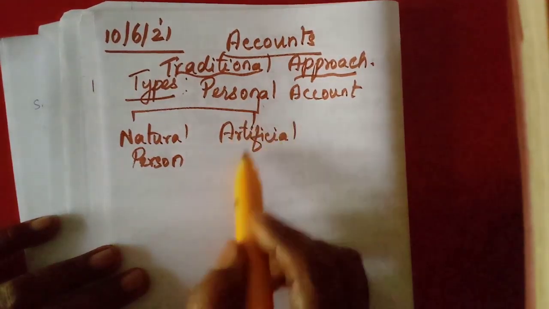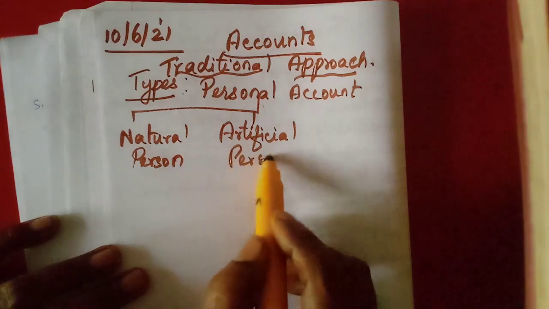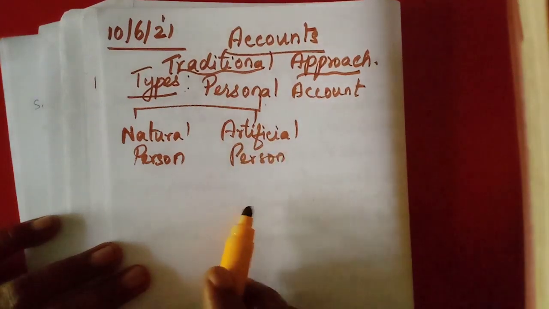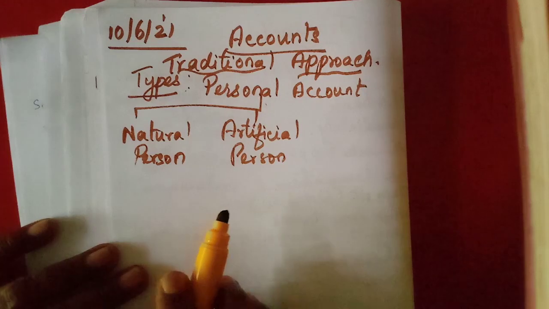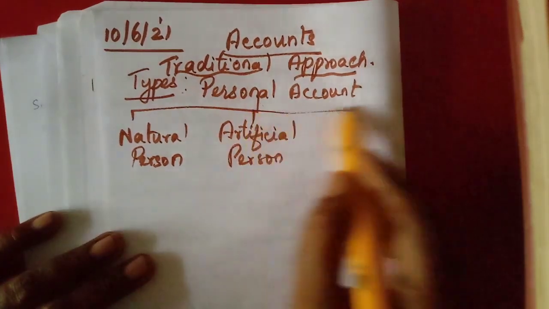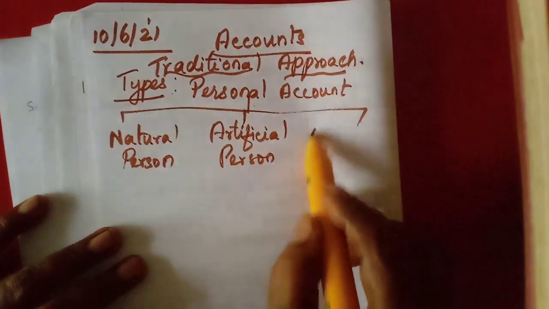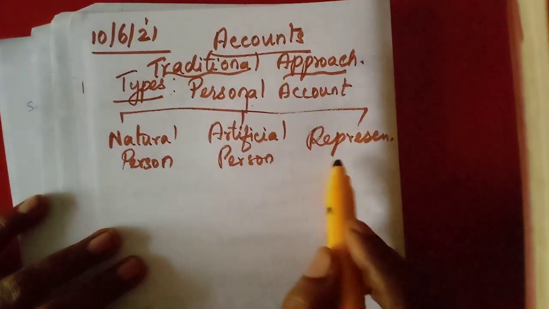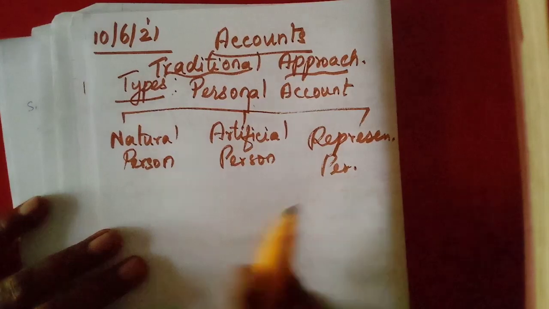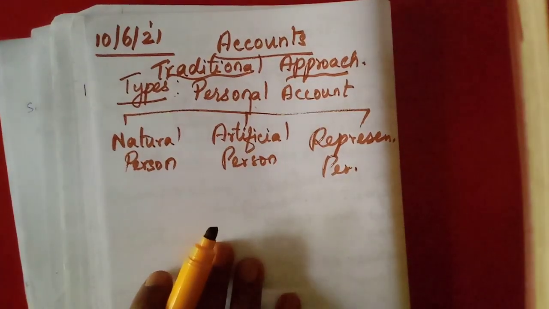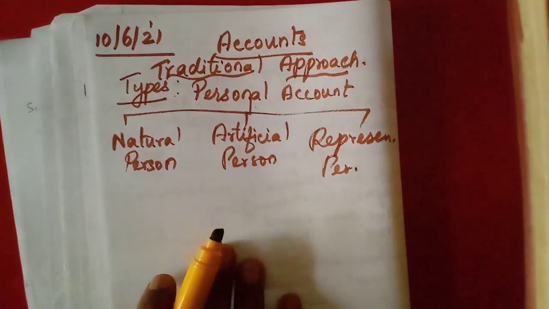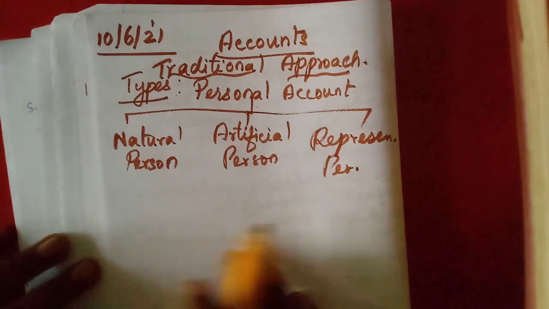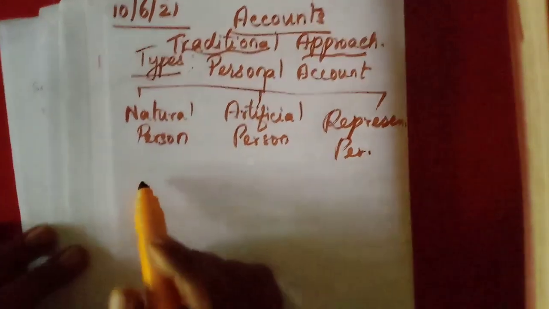We will not create a person, but artificial person means the organizations.